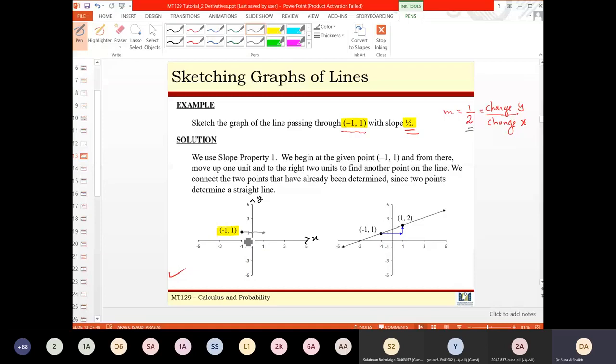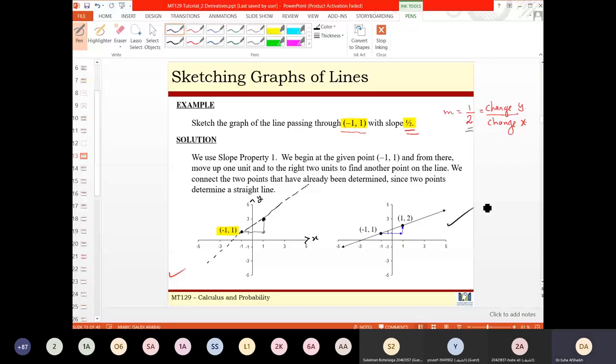And how much is y changing? 1 unit, up by 1 unit. Since the slope is 1 over 2, that means 1 unit in y for 2 units in x. And then I draw my line from this point to this point, join the 2 points together, and this will be your line. Got it?